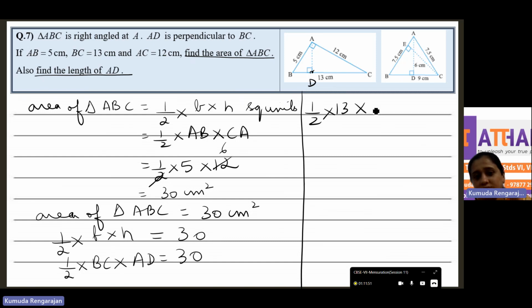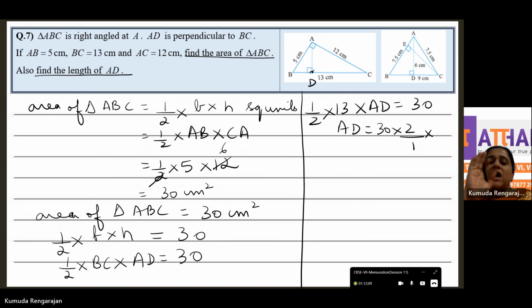30 into 8 is equal to, very good. 80 is equal to 30. 1 by 2 will become what on the other side? 2 by 1. Half will become 2, 1 by 2 will become 2 by 1, last class you answered it.